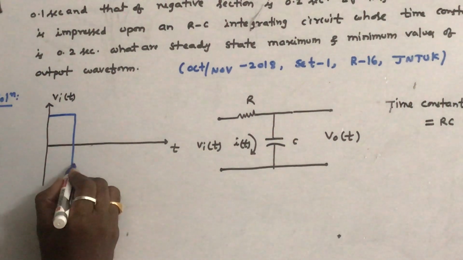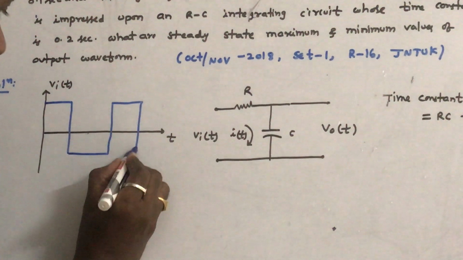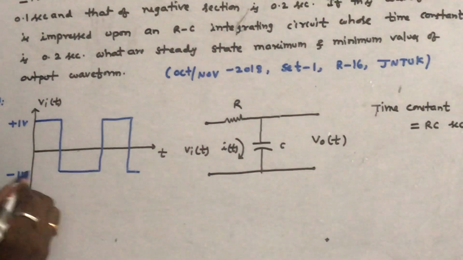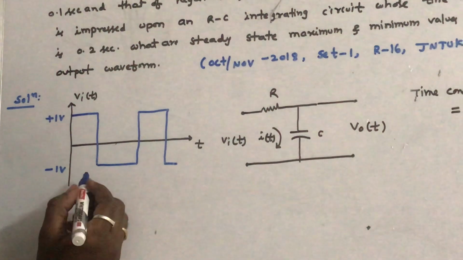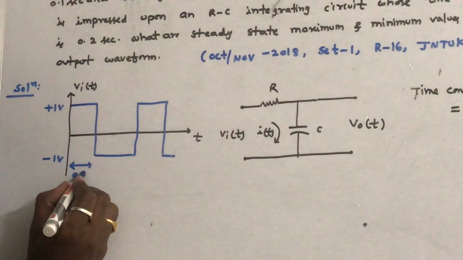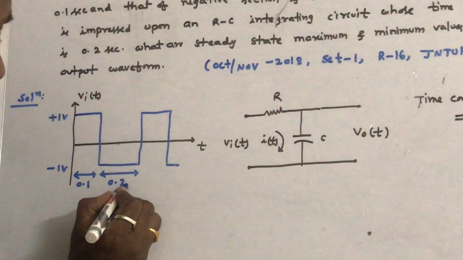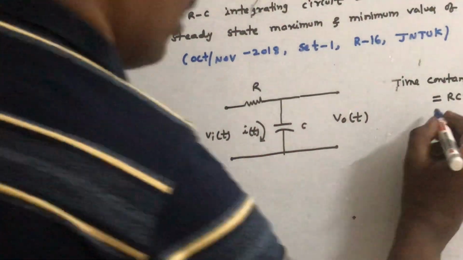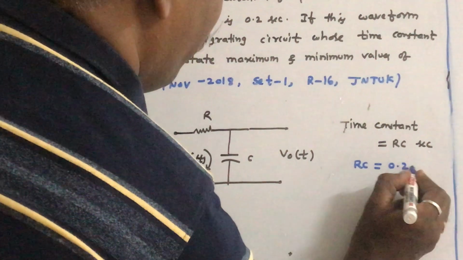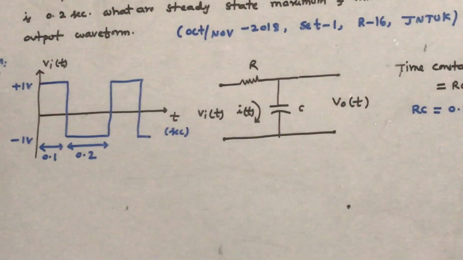The duration of the positive section is 0.1 seconds and the duration of the negative section is 0.2 seconds, and the time constant RC is given as 0.2 seconds. Remember that the time is on a seconds scale.